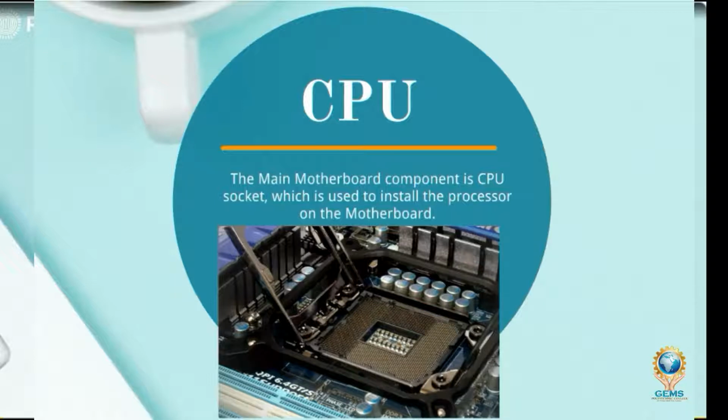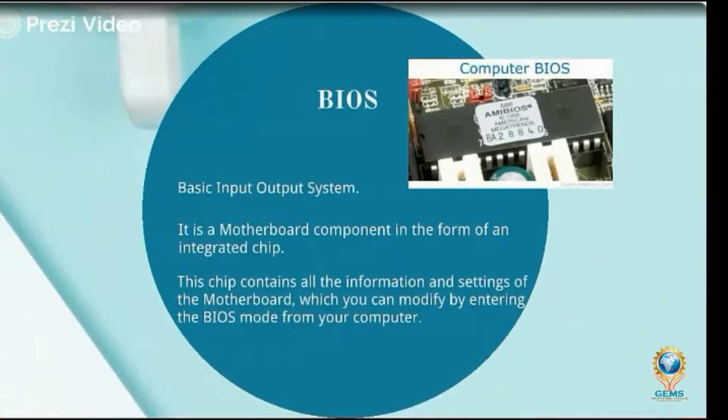And the third component is the BIOS. The BIOS is the basic input-output system. It is a motherboard component in the form of an integrated chip. This chip contains all the information and settings of the motherboard, which you can modify by entering the BIOS mode from your computer.